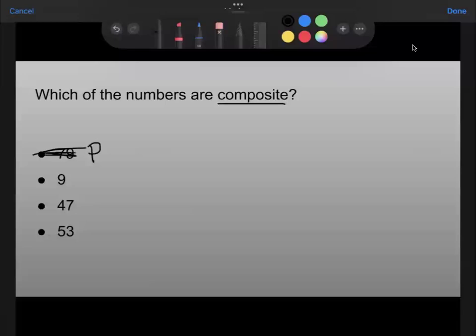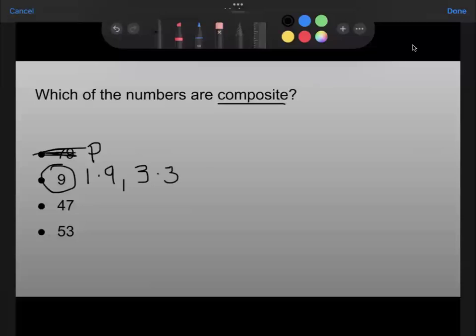Now the number 9, I know I could do 1 times 9 as well as 3 times 3. So that is not a prime number and therefore is composite. So I'm going to say 9 is a composite number. 47, I think we talked about 43, but 47 is like right in between 48 and 46.